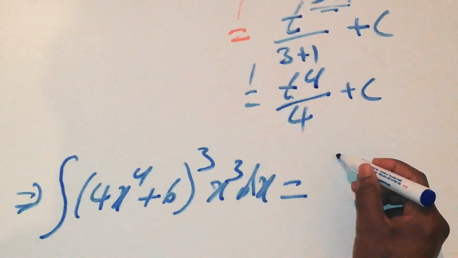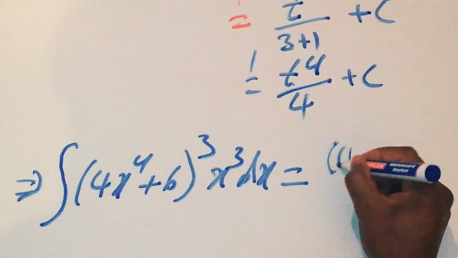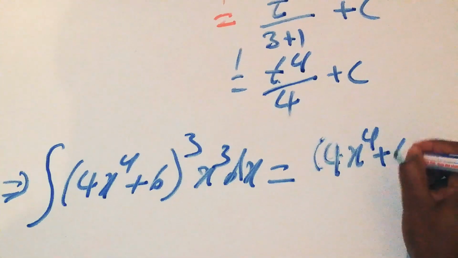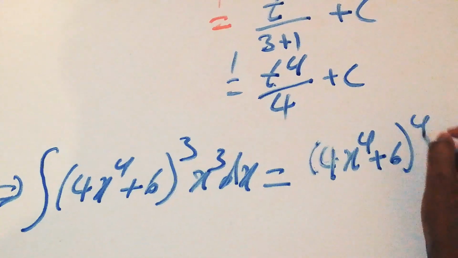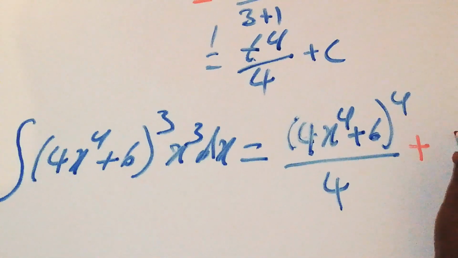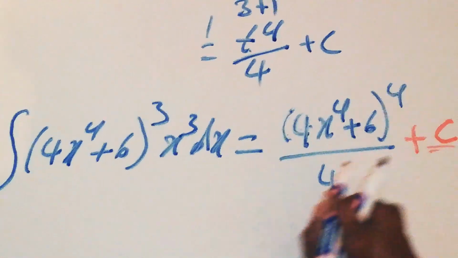I bring it back there, and it equals (4x^4 plus 6)^4 over 4 plus a coefficient factor.